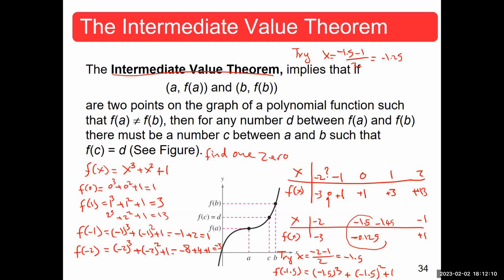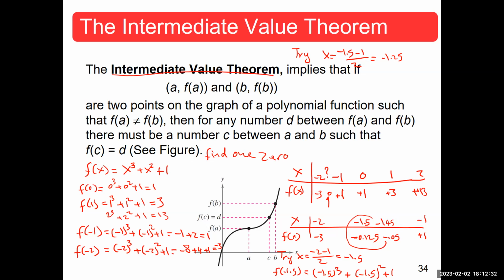Minus 1.45 x squared. Yep, I got negative 0.05. Well, that's okay. I don't need it any more accurate.